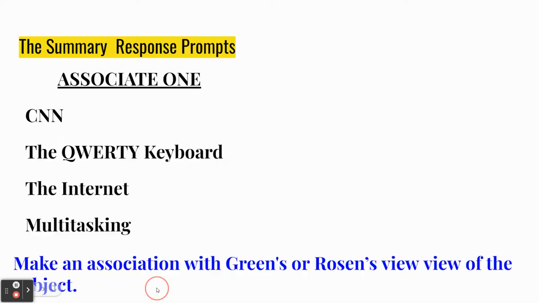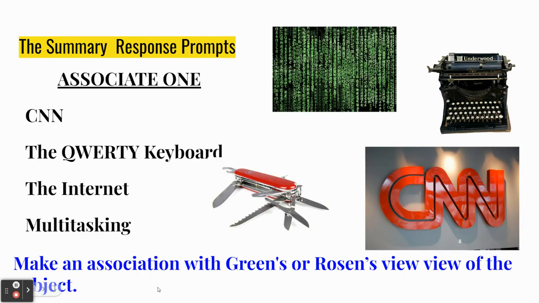So, going back to CNN, I might associate CNN with the Challenger blowing up. It was the news source that dealt with that. The QWERTY keyboard, I might associate that with a typewriter that has been in my family for as long as I can remember. It is an old Underwood. It's one of those classic ones.